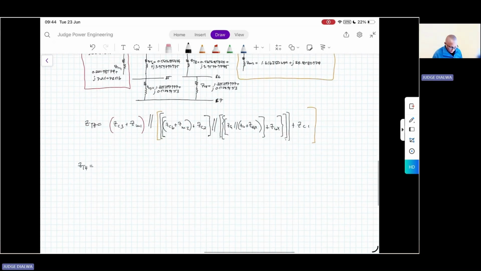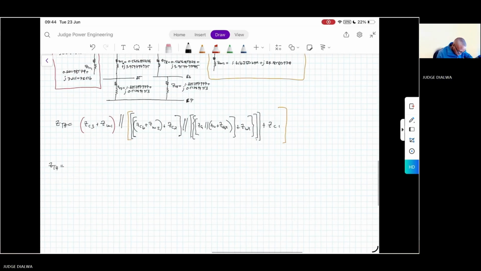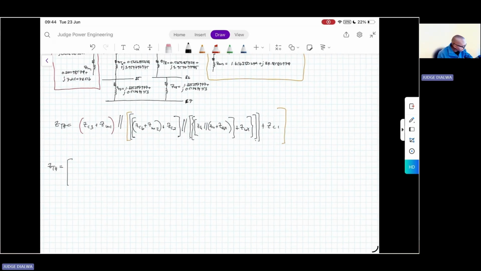Now that should be fine. The series combination of cable 3 and our feed motor pump should give us 0.234299278 plus j7.216143151. All this is in series with the rest of the network.